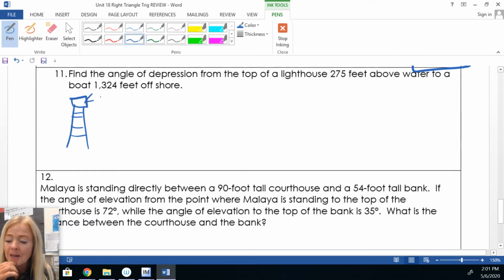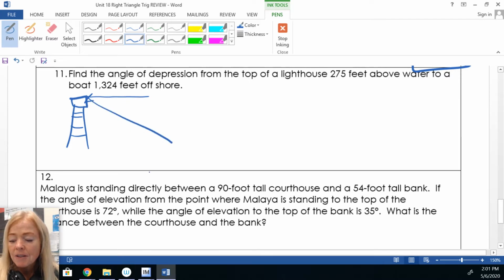All right, so we have a lighthouse, and there's our lighthouse. And from the top, we have an angle of depression that is what we're looking for. We don't know what it is. And it's 275 feet above water, so this is our 275 feet.